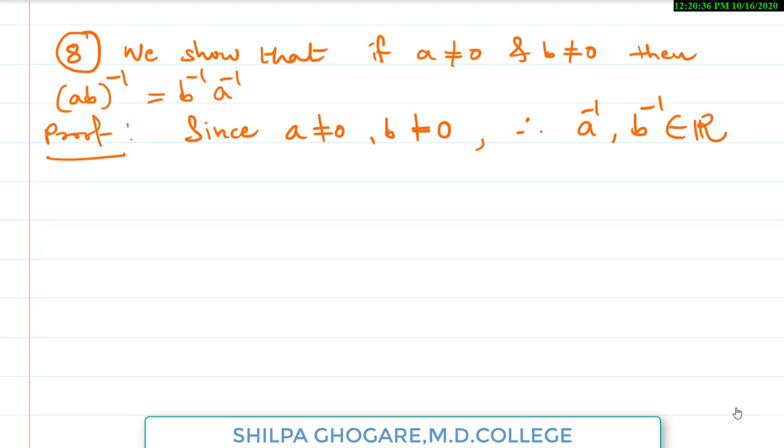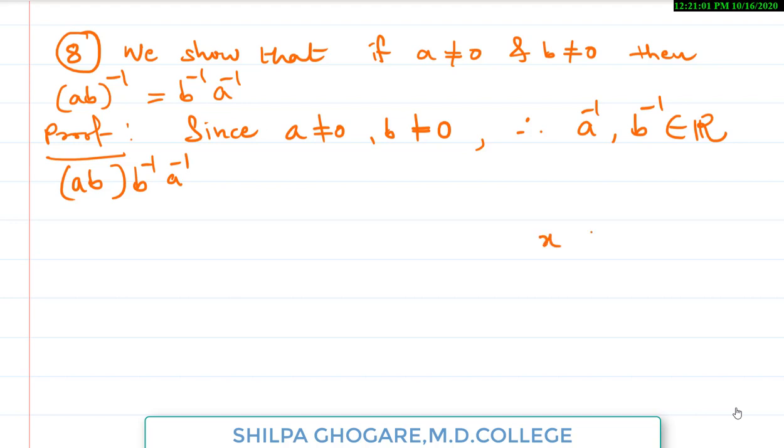Now you want to prove that (AB) inverse, that means multiplicative inverse of AB, is same as B inverse into A inverse. To prove that, what I will start with is take AB, that is this part, and with it take B inverse A inverse.